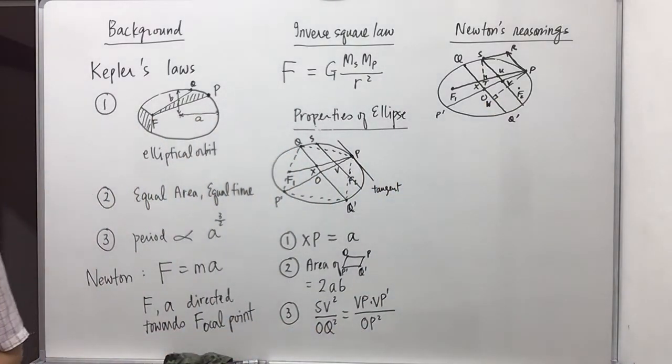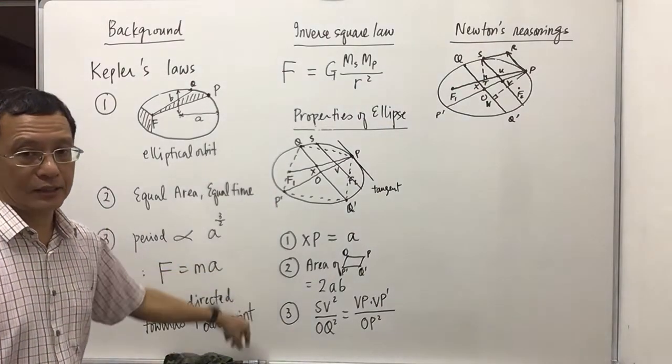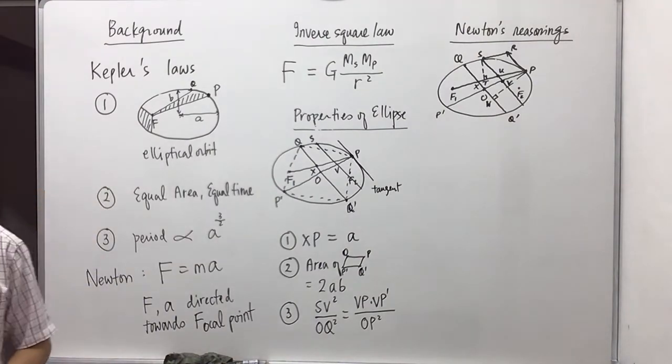All the points are there, and we're ready to use geometry, in particular, the 3 properties of ellipse and Kepler's law. Okay, let's see how we go.